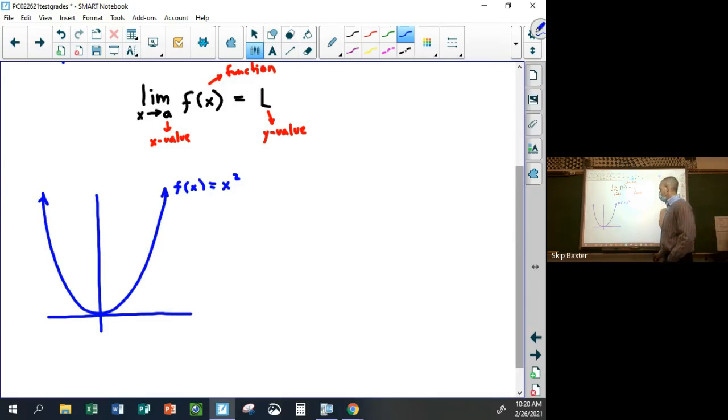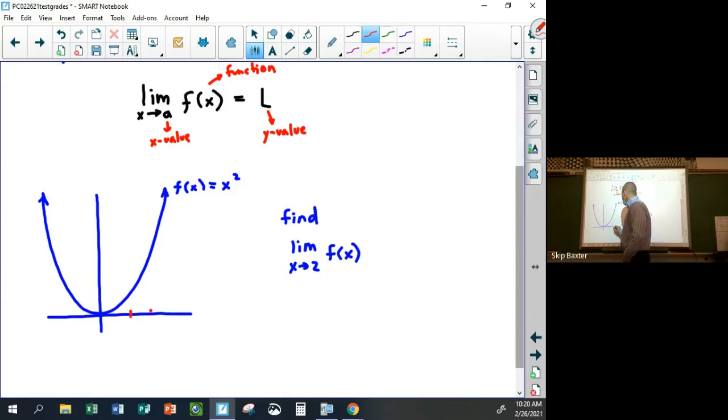And I want to ask the question, find the limit as x goes to 2 of f of x. So all I would do is, this is x equals 2 right here.